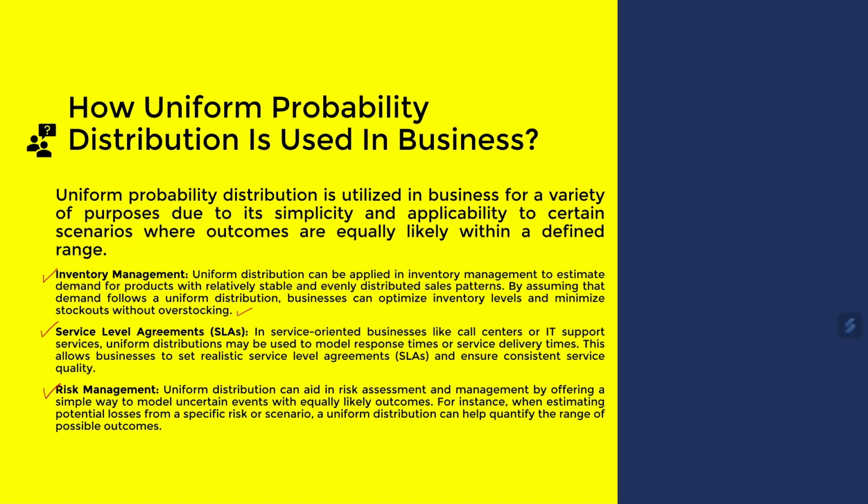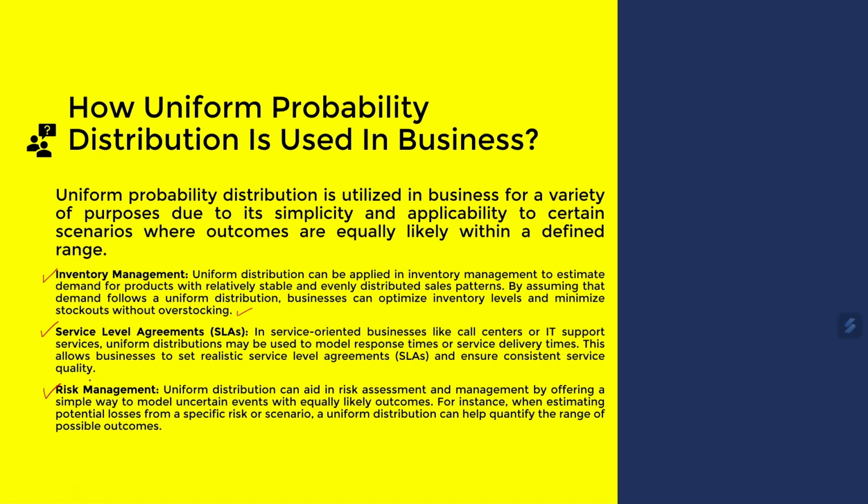In service level agreements, in service oriented businesses like call centers or IT support services, uniform distribution may be used to model response time or service delivery time. This allows businesses to set realistic service level agreements and ensure consistent service quality.